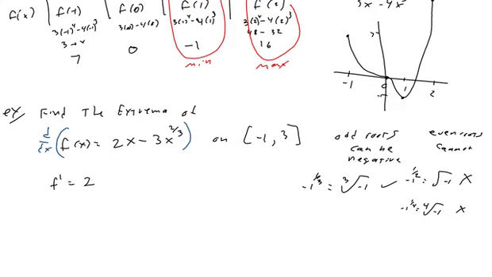The derivative of 3x to the 2/3, I bring the 2/3 down in front, so it's going to be 3 times 2/3 times x to the power of 2/3 minus 1. 2/3 minus 1 is negative 1/3. I'm taking too much away, so I've got to have a negative 1/3 to make it up.